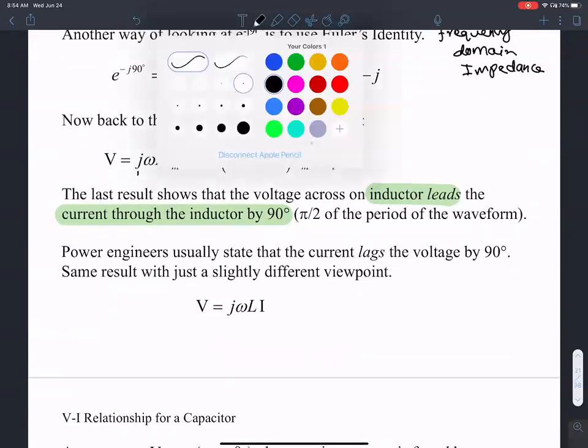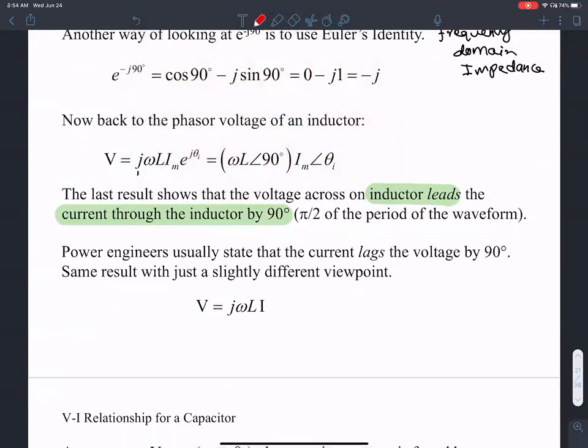I'm going to give you a mnemonic to remember how the voltage in an inductor relates to the current.